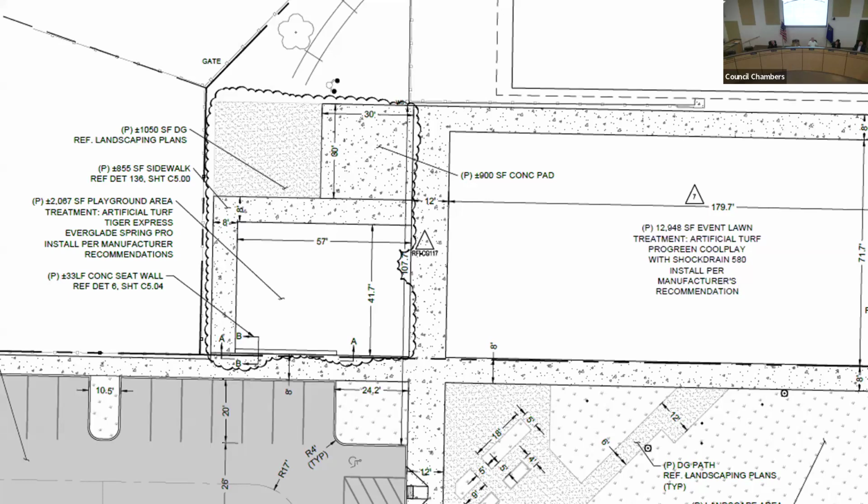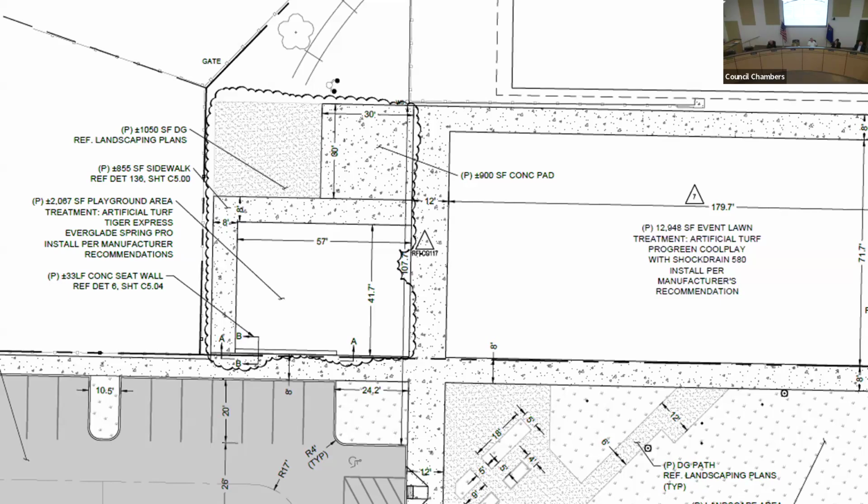This is the plan that I just got today, so they're really moving fast on this. This is Loomis and TSK and our Mike Allen working on this to get this done. And this is what it would look like. You have that blank area that would be the playground, the artificial turf and playground. And of course, on the right is the event lawn that's in place, the large area.